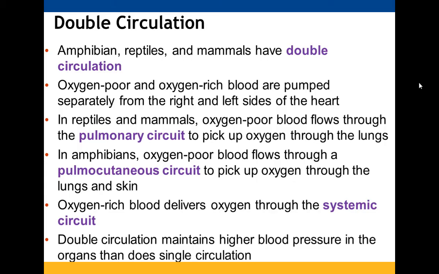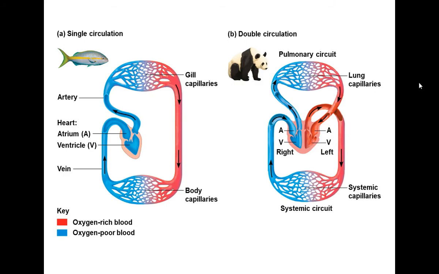So, depending on the needs of those organisms, adaptations may have come over time to have this type of system be present for different species. So there you can see your single circulation. You can see your oxygen-poor blood leaving, going into the artery, going across the gill capillaries.